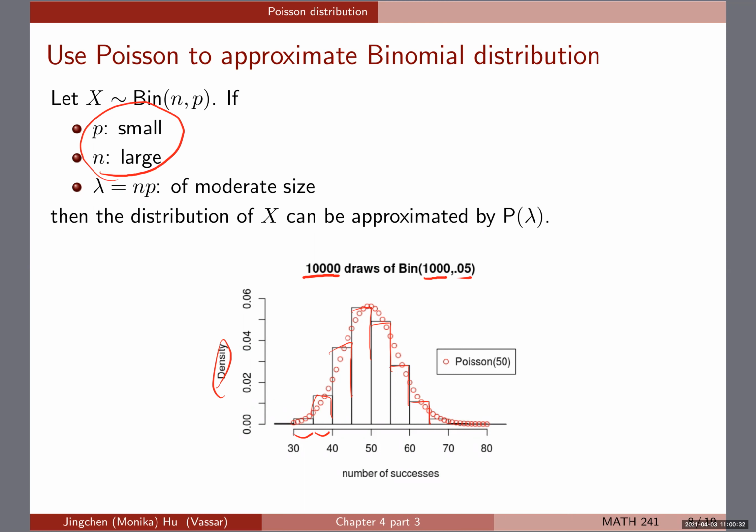The histogram bars represent the binomial distribution, and the empty circles in red are the Poisson distribution with the same mean. This is what we mean by approximation. The dotted curve gives us a good approximation of the histogram behind it.